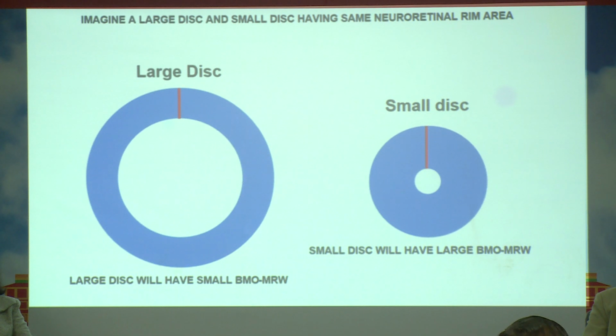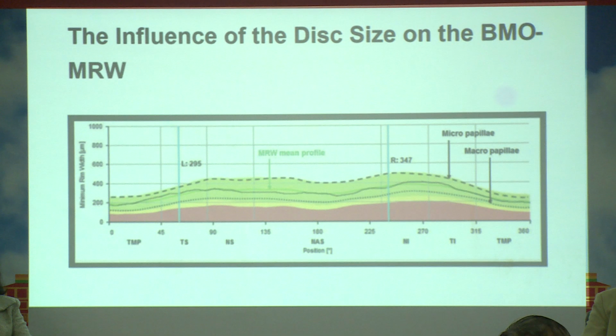A large disc will always have a smaller BMO MRW, whereas a smaller disc will tend to have a larger BMO MRW. But in reality, the neuroretinal rim area is the same. So that kind of influence will be reduced somewhat when we take the BMO MRW into the equation.